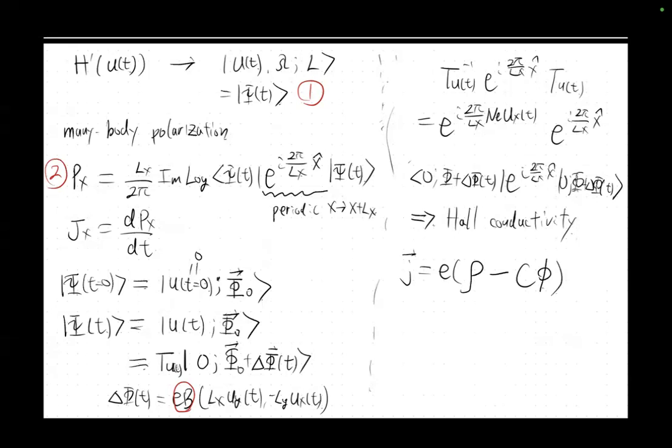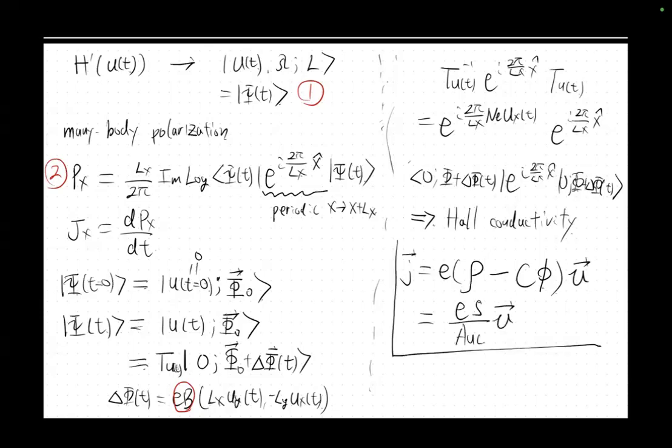So they combine to give us J = E(ρ − Cφ B). If we go back to the Streda formula, this is also equivalent to E times S over A_UC times D. So this is the main result of the paper. The current carried by a crystal picks up a topological correction, which is proportional to the Chern number and also the flux present in the system.